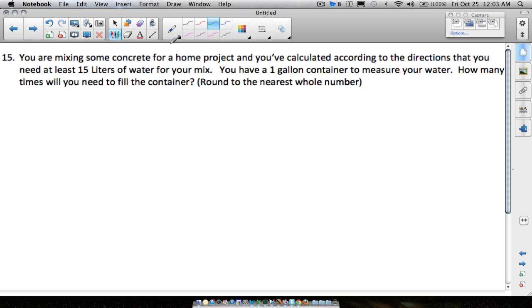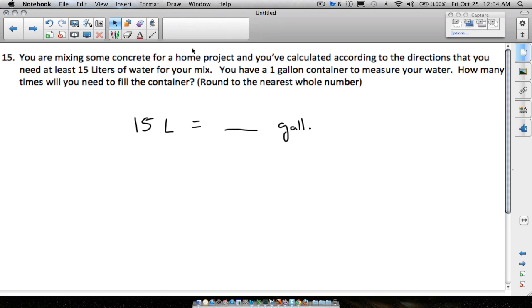What we're trying to figure out is we need 15 liters of water. That's what the bag says. The bag is in metric units. But we want to convert 15 liters to some number of gallons. Now you see a 1 gallon container. If we can figure out how many gallons 15 liters is, we'll know how many times we have to fill this 1 gallon container up.